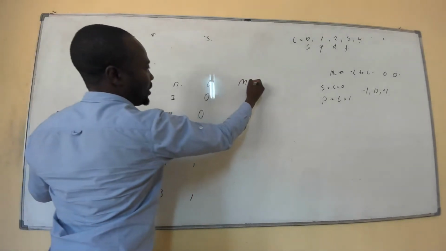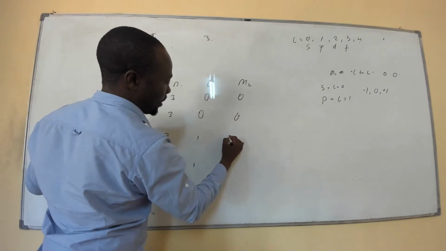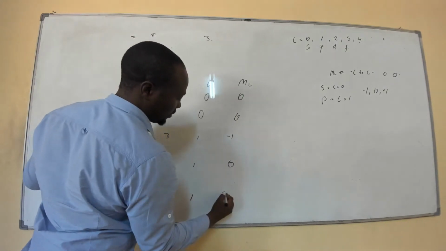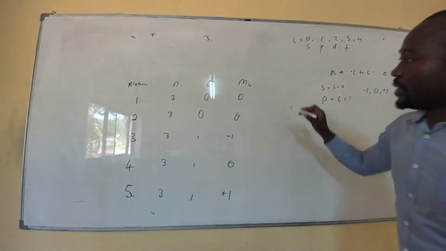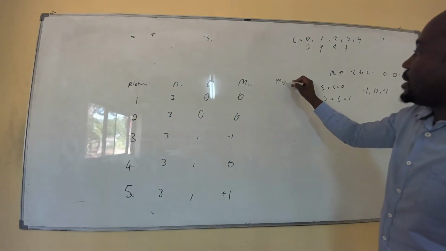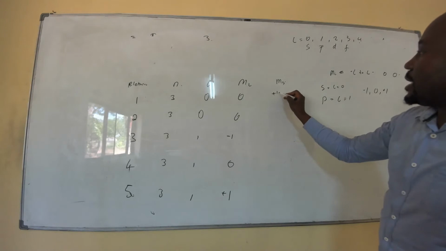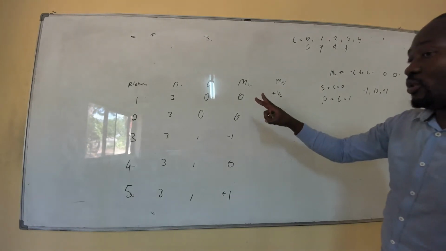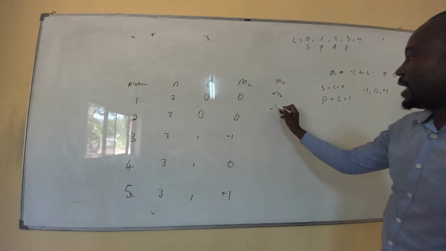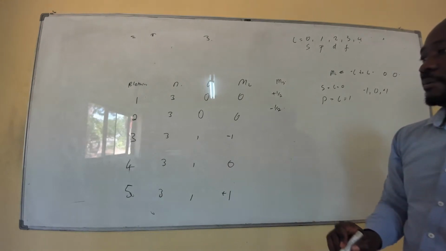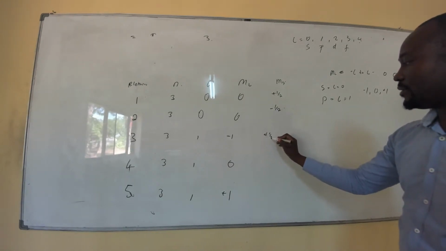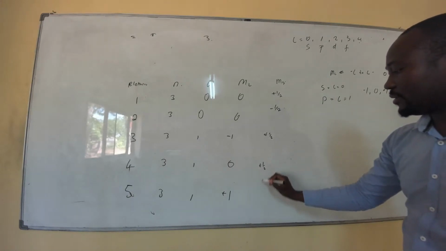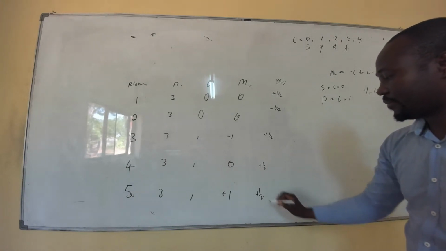So for ml you have 0, 0, minus 1, 0, plus 1. Then with the spin, that is ms, this will be plus half. Since there are 2 of them in the orbital, the other one will get a minus half. For the three, this will be plus half, plus half, plus half.